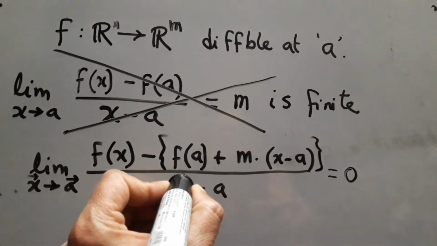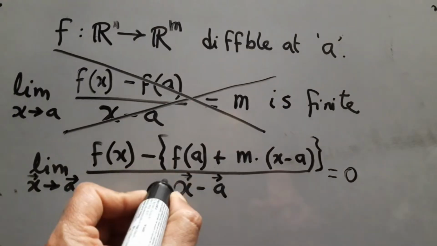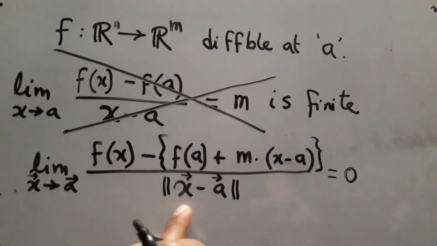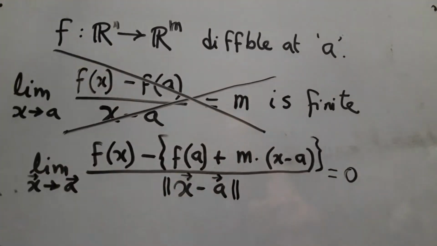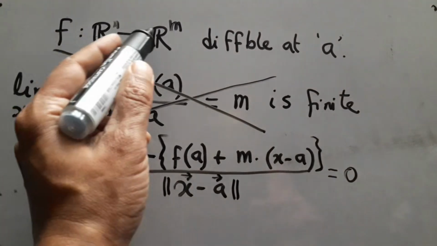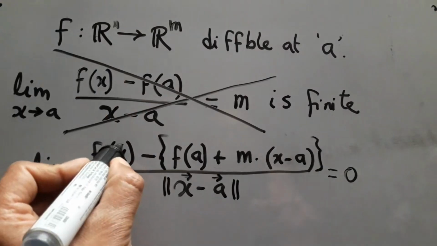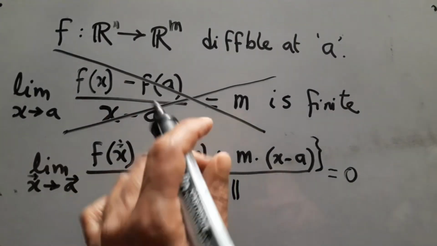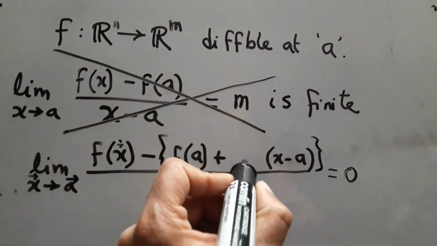Denominator also we do the same thing, we are taking their distance. This distance is taken in Rn, the usual Euclidean distance. Now this is a vector because this is in Rm, that's a vector. In this case, this is a vector, this I will replace by a matrix.